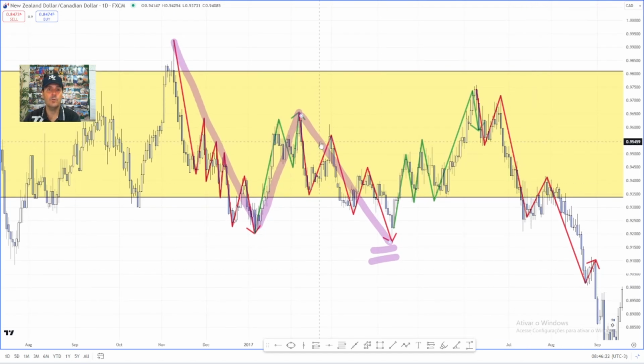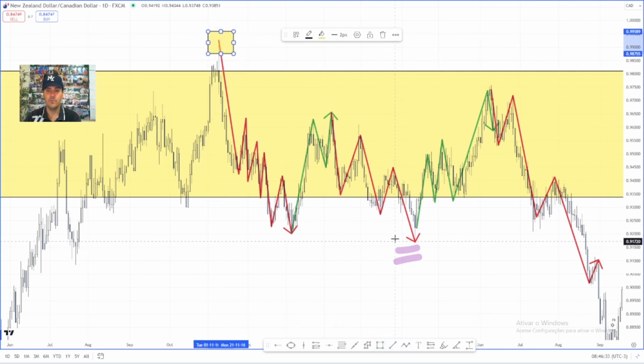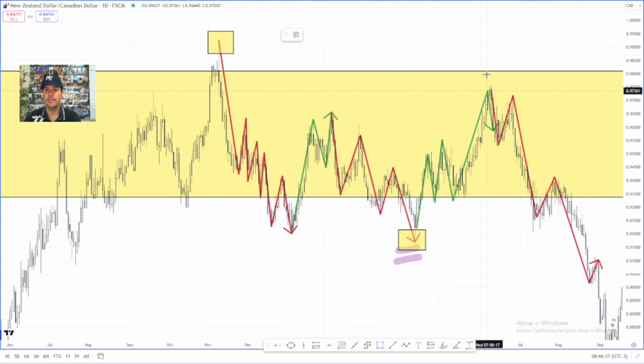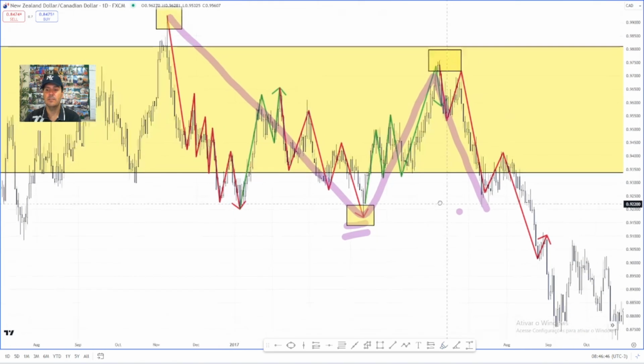So we need to do what? We need to readjust, right? So we say, all right, this is the relevant high, that's the relevant low, that's the relevant high, and the market wave is extension, retracement, and then extension, right?